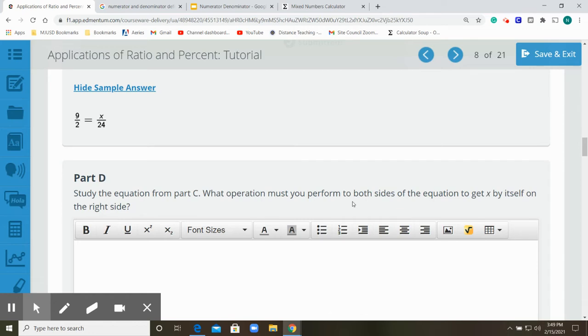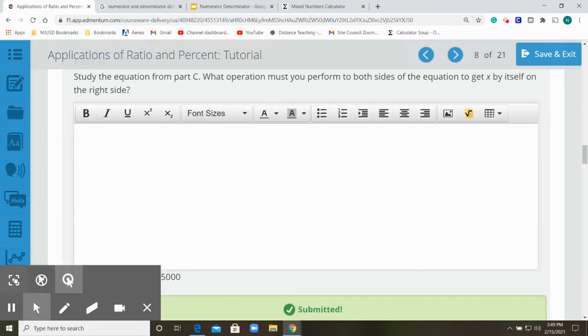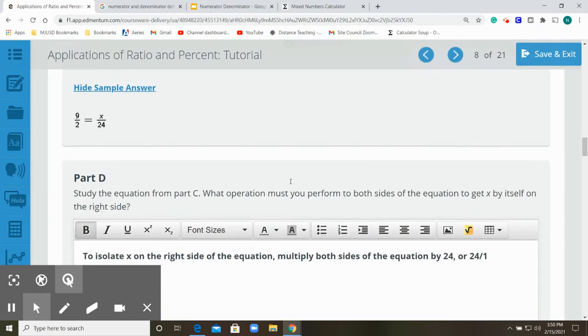What operation must you perform to both sides of the equation to get X by itself on the right side? To isolate x, or to get the variable alone on one side of the equation, what do we have to do? Well, since 24 is here and we want to get rid of it, it's x divided by 24.